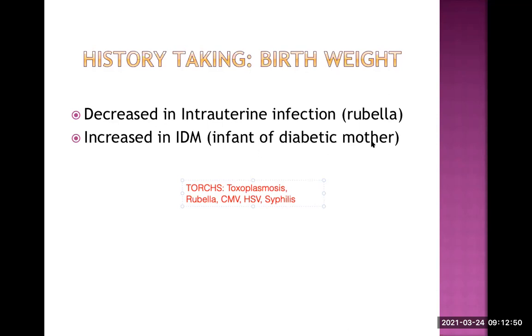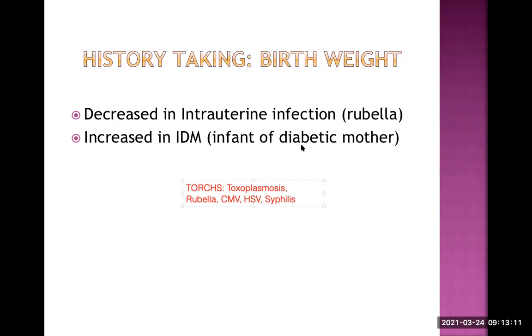Now, another point: birth weight is increased in infants of diabetic mothers. You already know that. Diabetes mellitus can be of two types during pregnancy. One is called gestational diabetes, which you have already studied in obstetrics, and another is called chronic diabetes.